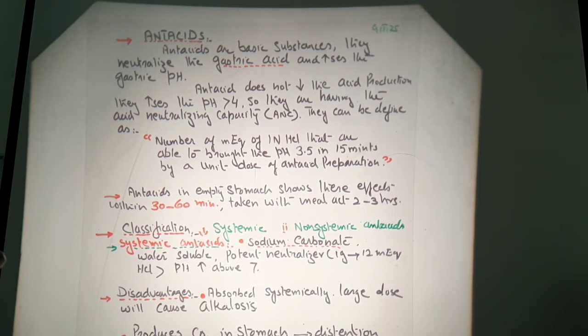By unit dose we mean one dose of antacid preparation causes the increase in the pH of the stomach up to 3.5 or 4.